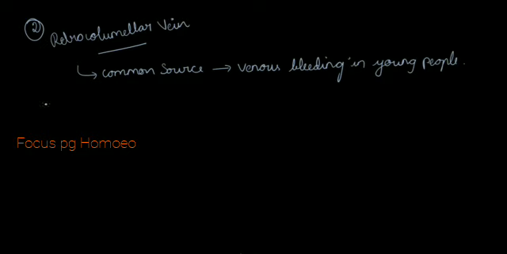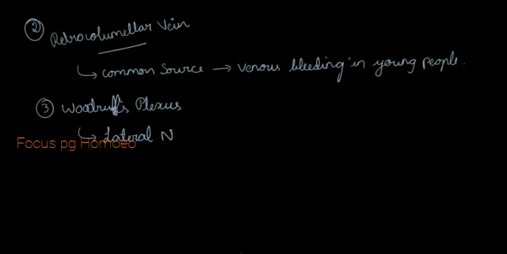Then comes the third area or plexus, that is Woodruff's plexus. Regarding Woodruff's plexus, it is found in the lateral nasal wall. So location is more than enough regarding this.